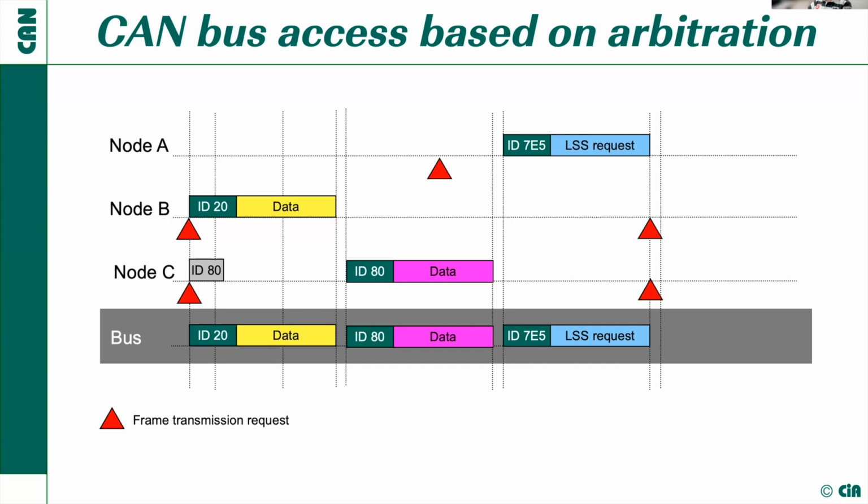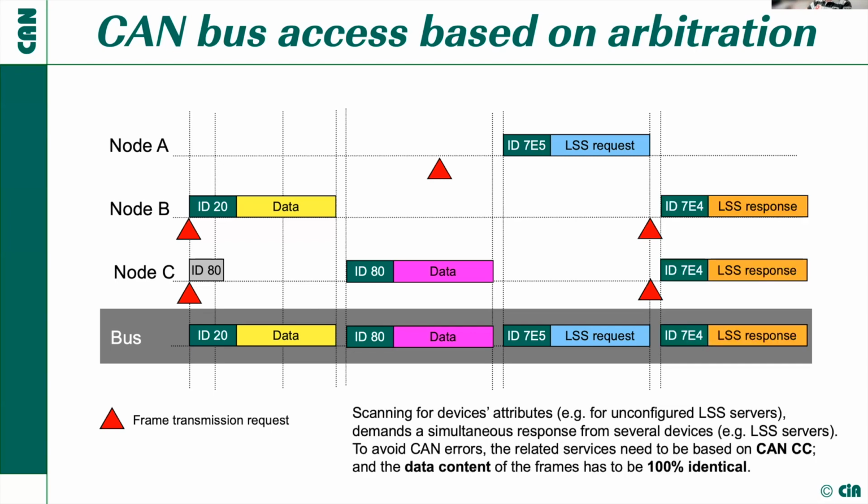But as I've depicted here now, for LSS we make a request, we search for devices that follow a certain attribute. For example, don't you have a valid node ID? And then the devices should answer in parallel. So simultaneously, they should answer, okay, yes, I support this attribute, I don't have a valid node ID.